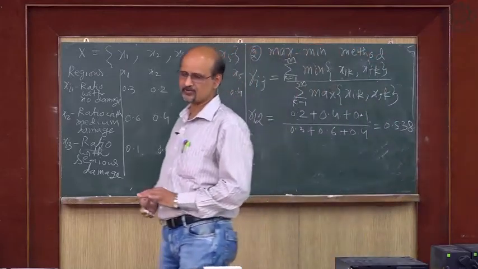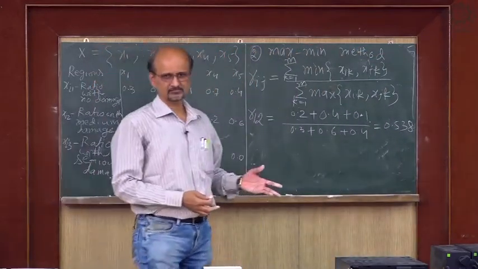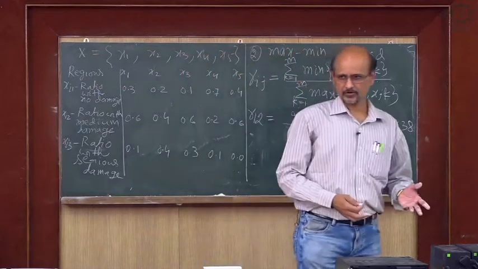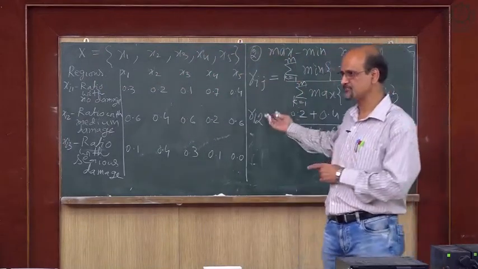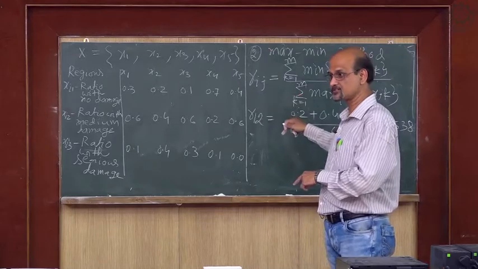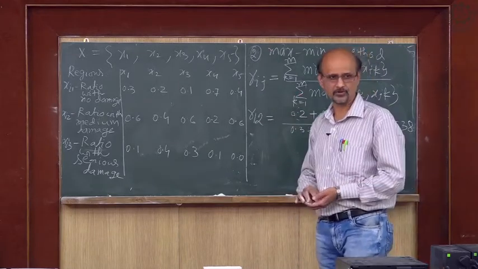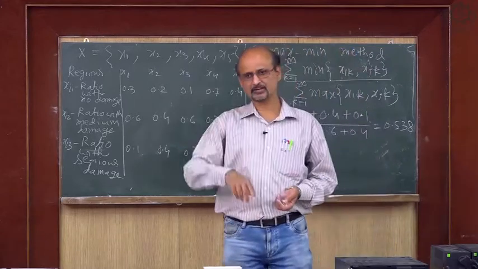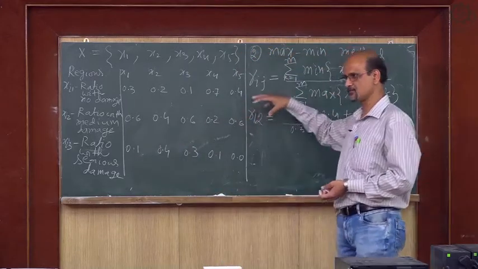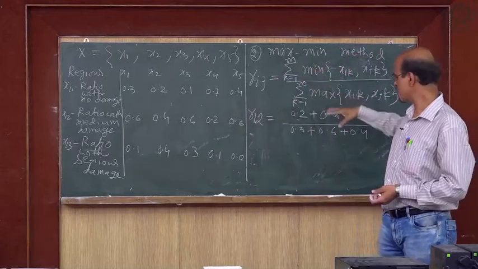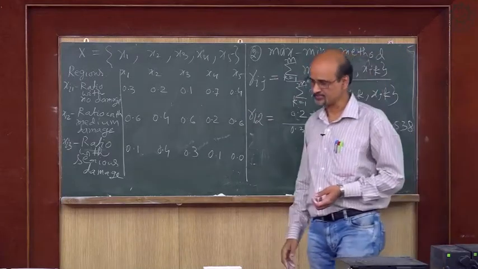Okay. Similarly, you can find other values of Rij for the 5 by 5 matrix. You can check whether that is a tolerance relation or not, then whether an equivalence relation or not. If not, then again take the composition with the same R1 dot R1 and see when it becomes the equivalence relation.